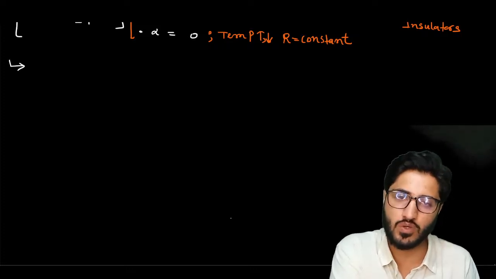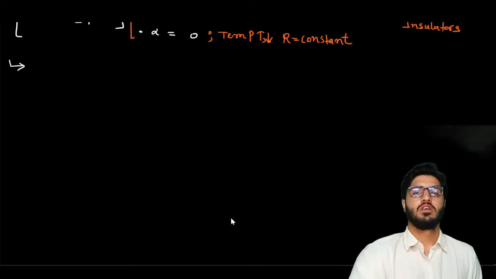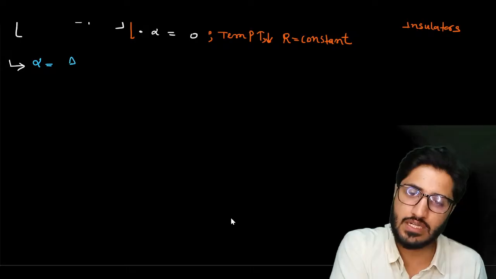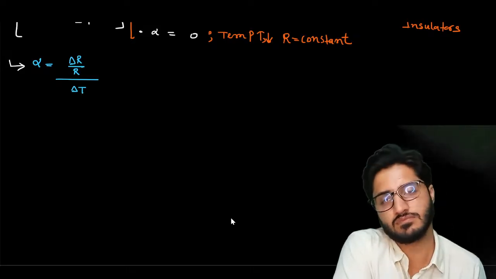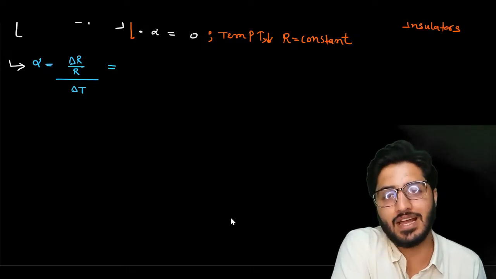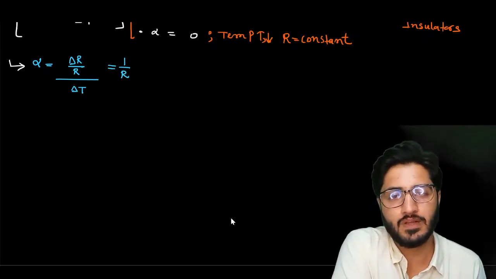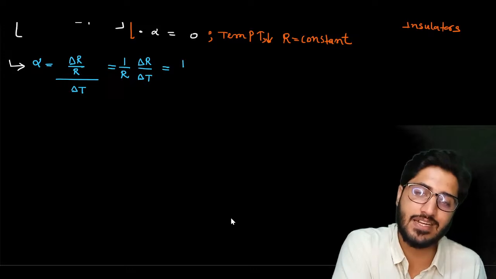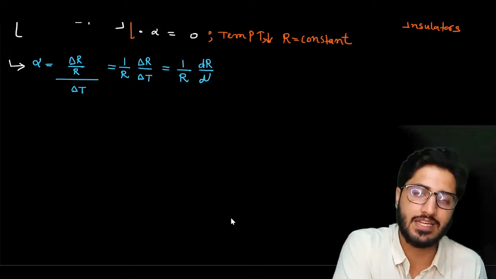We know that alpha equals delta R by R whole divided by delta T. So I can write it as 1 by R, delta R by delta T, or in differential form, 1 by R, dR by dT.